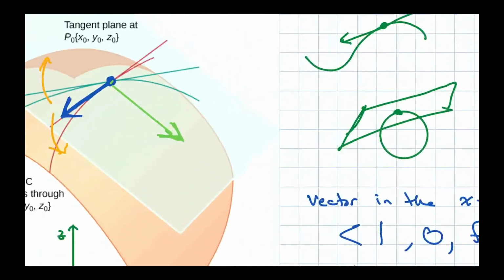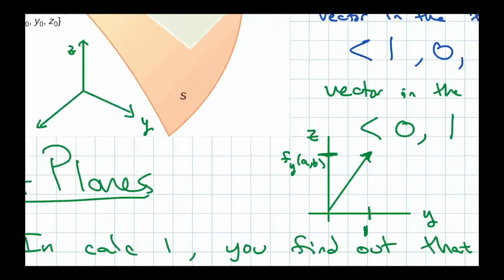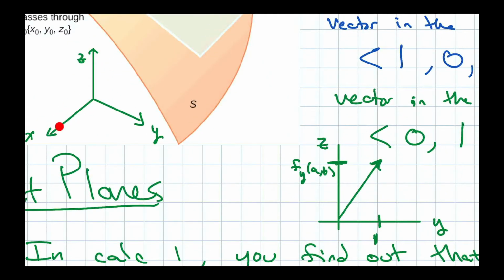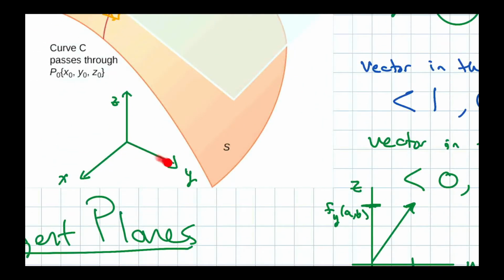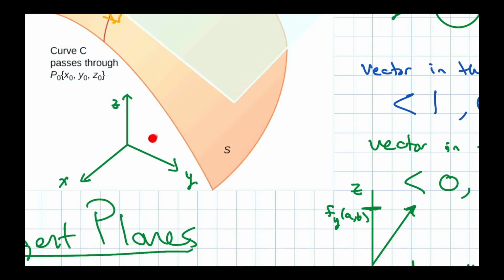That's because if this vector is pointing in the x direction, it's not pointing to the left or to the right of just the straight x direction. This should be pointing exactly parallel to this, and this one should be pointing exactly parallel to this. It could be tilted up or down, but it can't be tilted in the other direction at all.